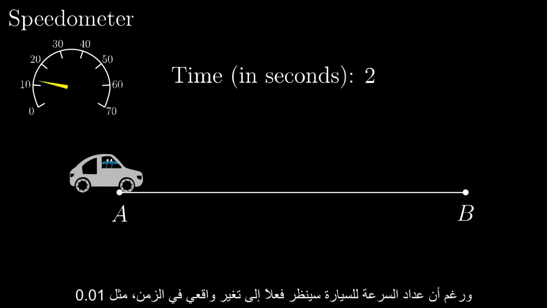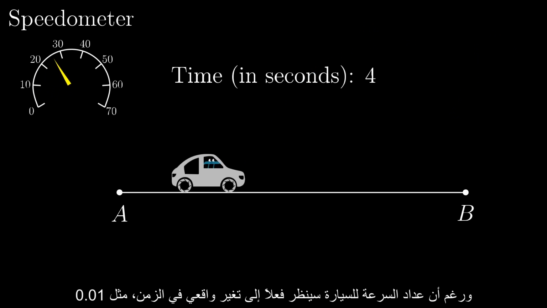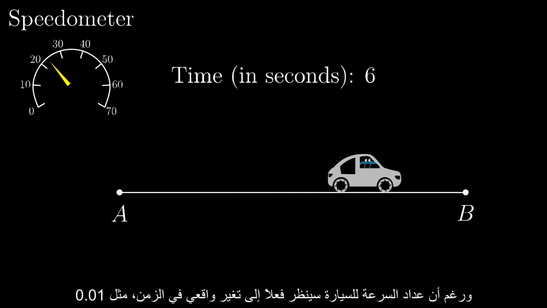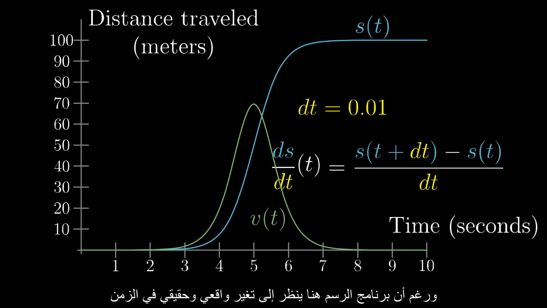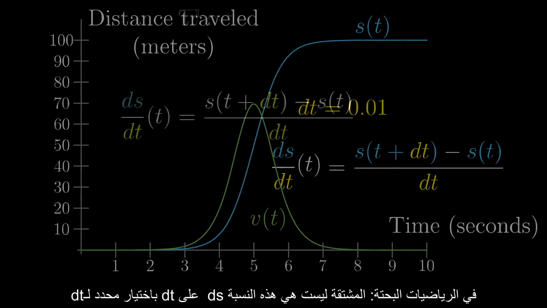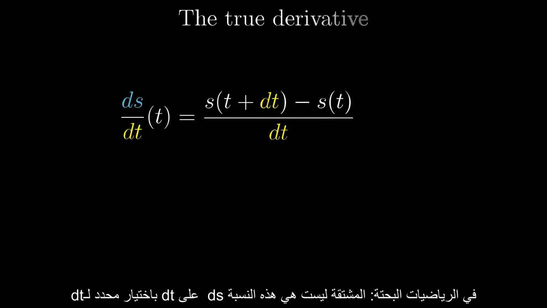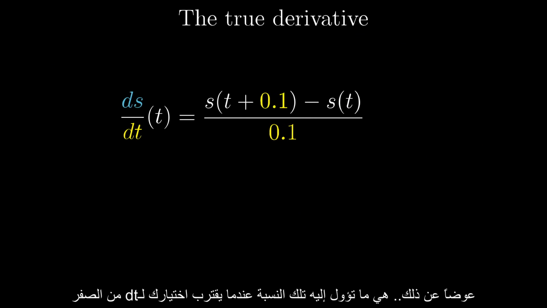And even though a car's speedometer will actually look at a concrete change in time, like 0.01 seconds, and even though the drawing program here is looking at an actual concrete change in time, in pure math, the derivative is not this ratio ds dt for a specific choice of dt. Instead, it's whatever that ratio approaches as your choice for dt approaches 0.